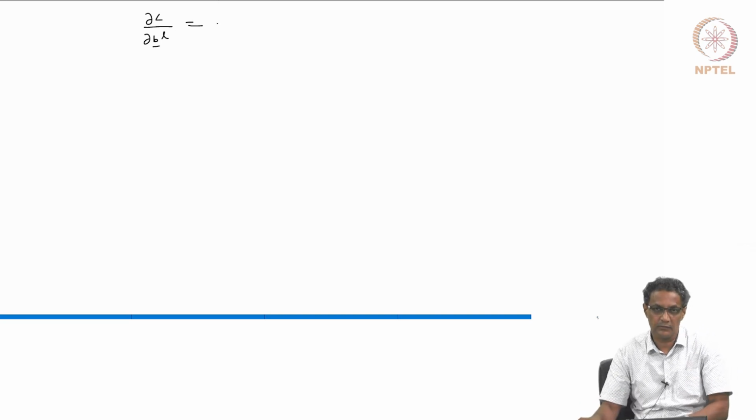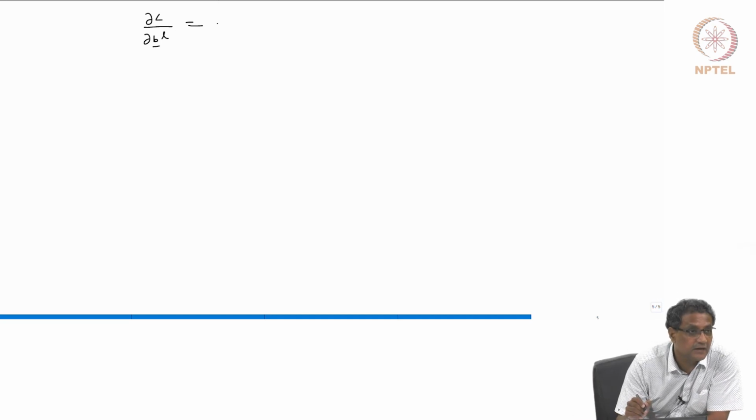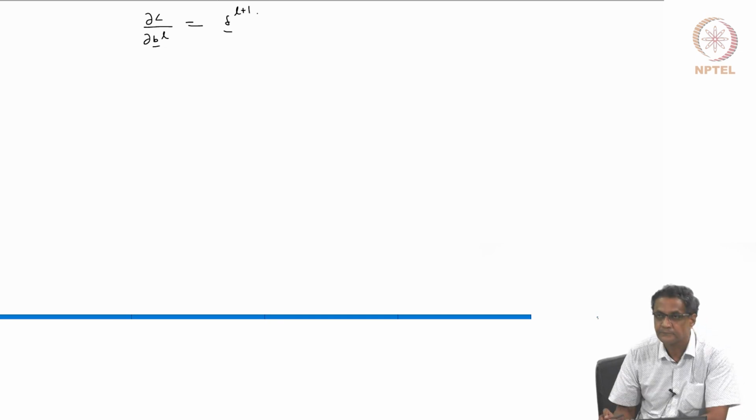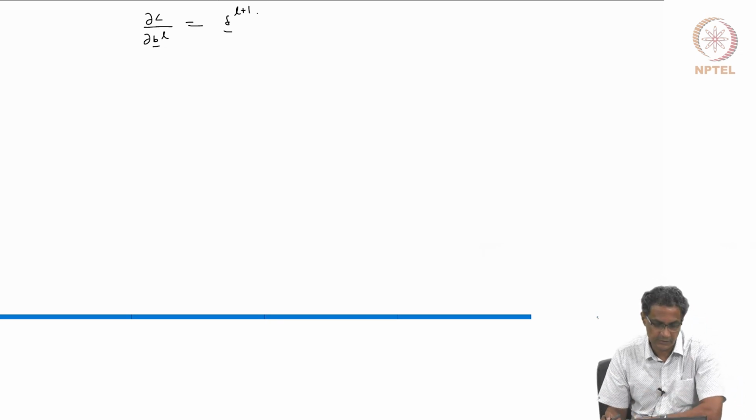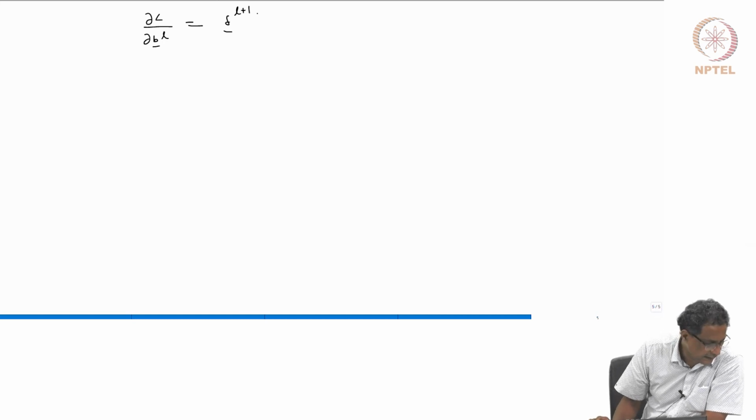We already saw what was delta L plus 1, but as this one vector. So the bias part is very simple if you write it in a vector form.